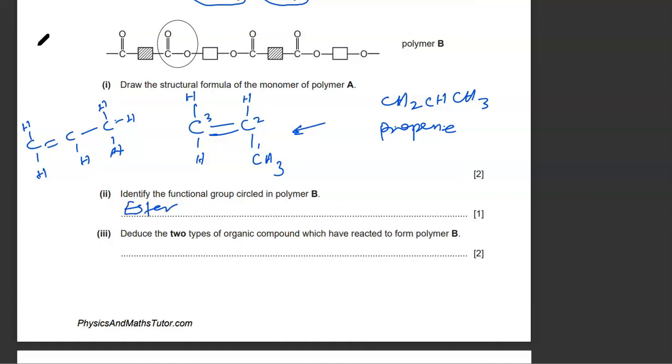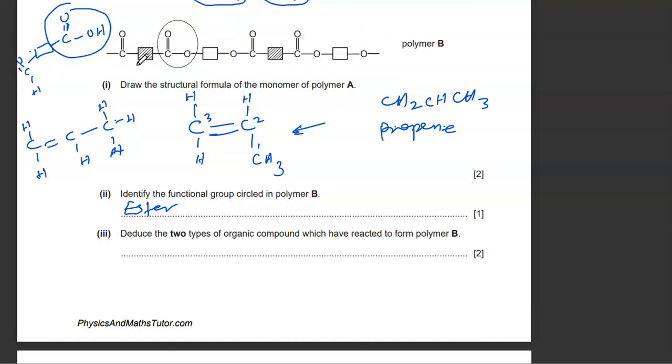Do you understand? If they had asked you this, and they circle this, what functional group is it? Carboxylic acid. Can you see that? But this is in the polymer. You cannot have the acid in the polymer.